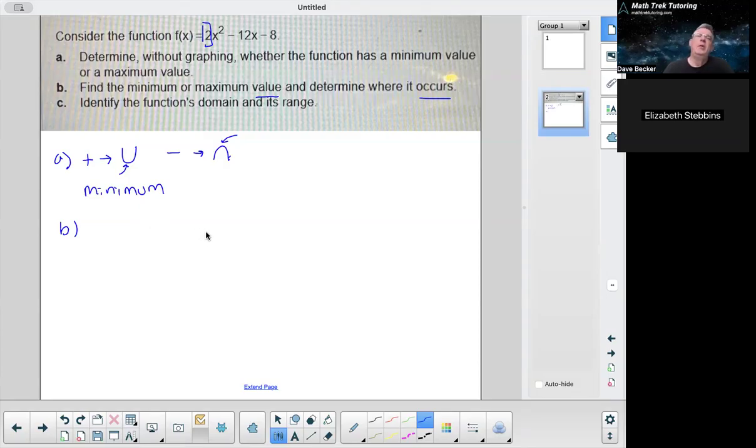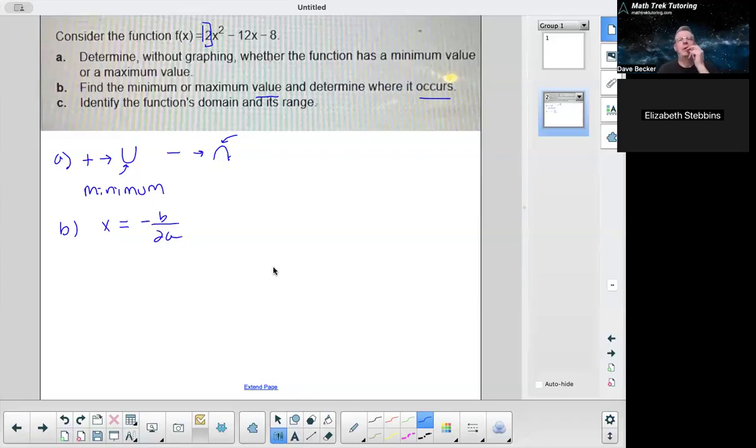To do that, we did this yesterday: the x coordinate of the vertex, which is going to be the minimum or the maximum, it doesn't matter whether it's a happy or sad parabola, is equal to negative b over 2a. And then you plug in and get the x and plug it back into the f of x.